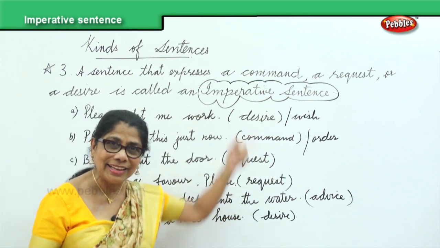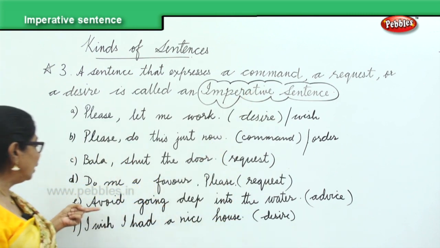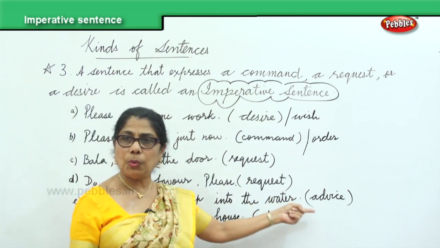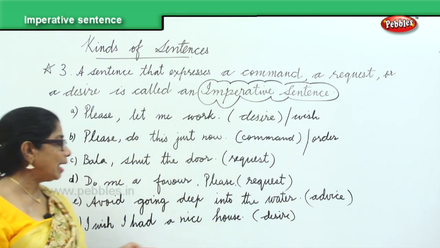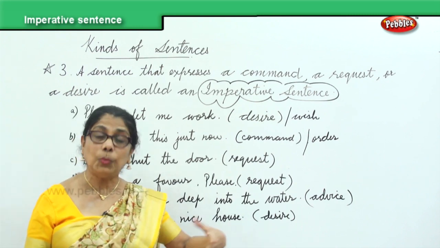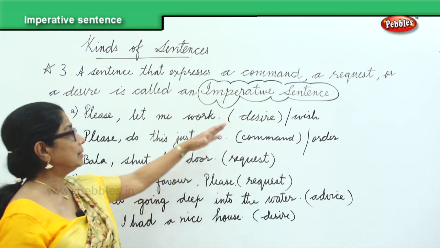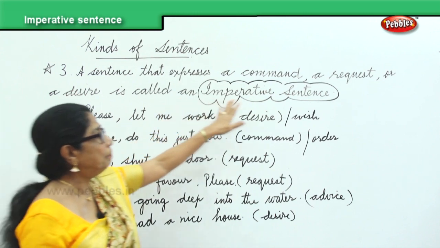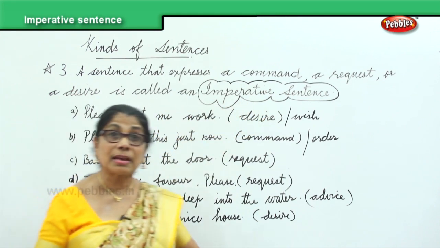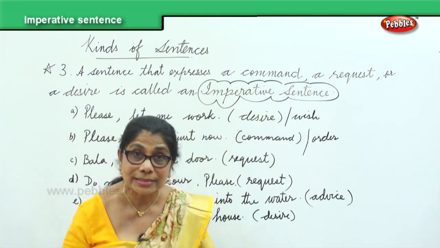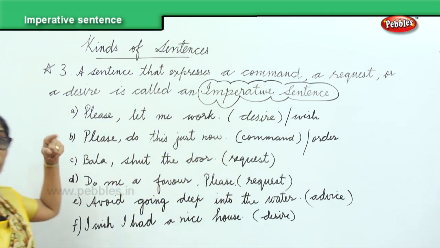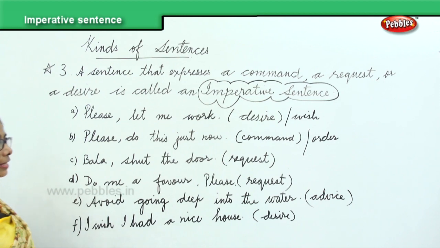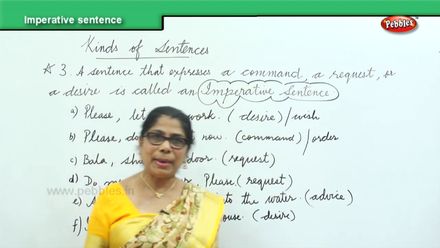Requesting. Imperative sentence. Avoid going deep into the water. Giving advice. I wish I had a nice house. Desire, wish. All this, a sentence that expresses a command, a request, order, desire, wish, we call an imperative.